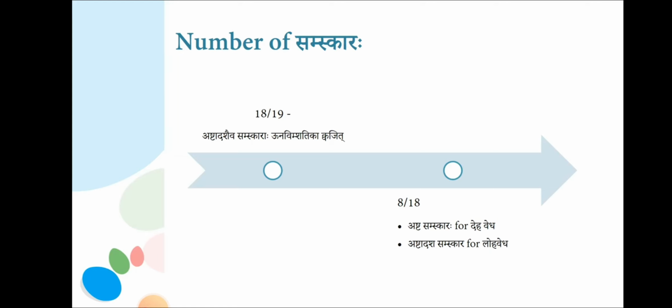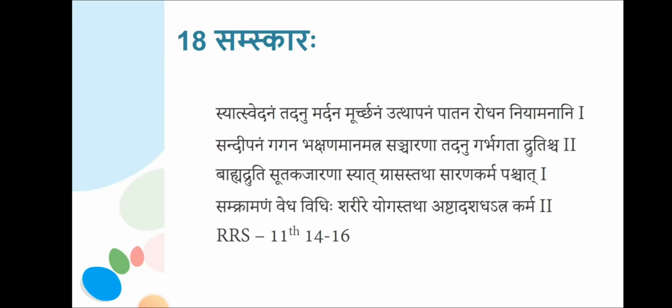The Ashta Samskaras are used for Deha Veda, therapeutic purposes, for treatments. The Ashtadasha Samskara is used for Loha Veda, or alchemy, or metallurgy. So what are the Ashtadasha Samskaras?